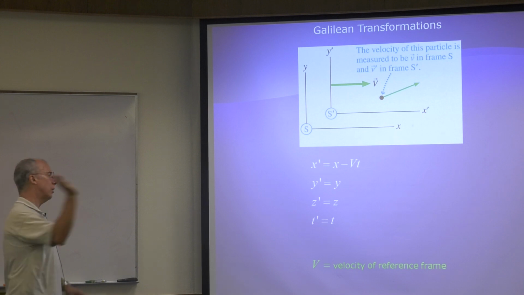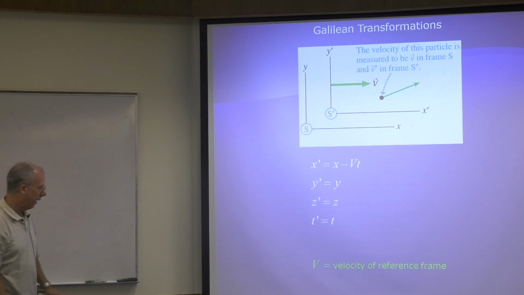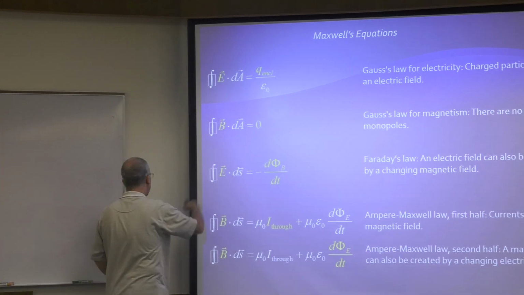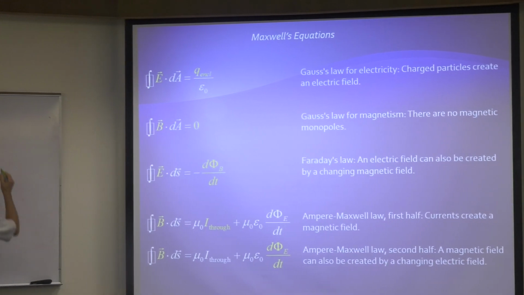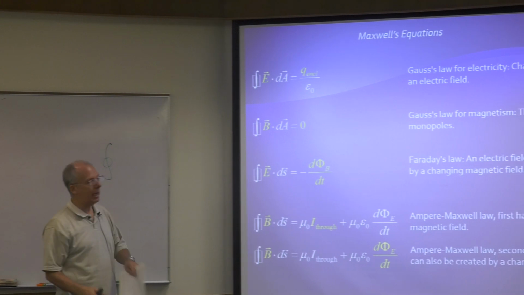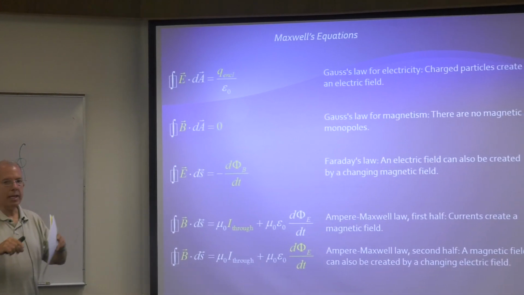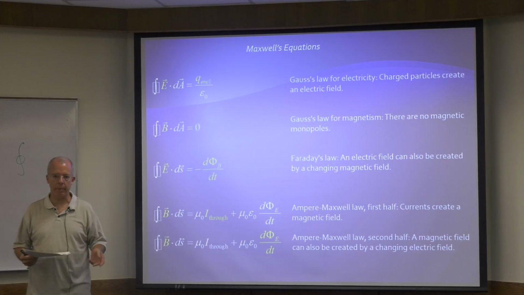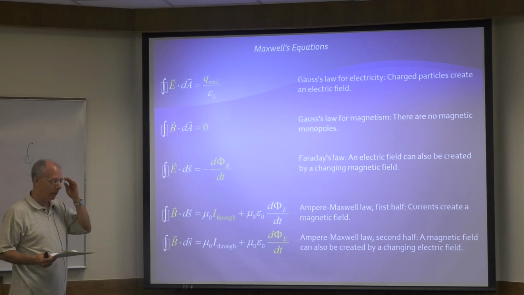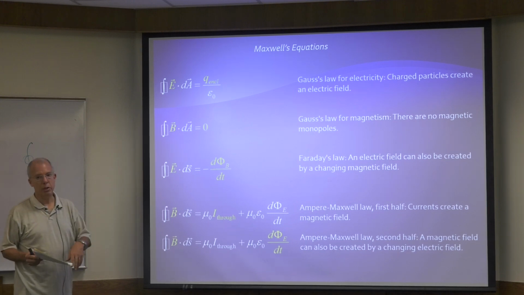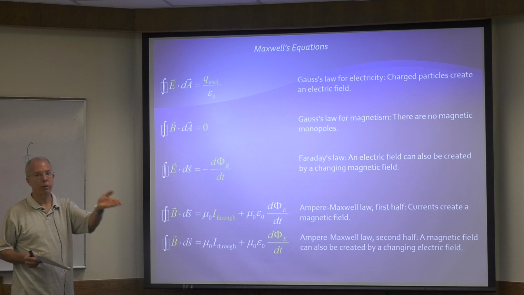Much, much later, in the 1860s, there was a guy named Maxwell, and he studied all of the experimental evidence and data dealing with electricity and magnetism, and he decided to write the mathematical theory. You always want a mathematical theory because you want to explain things and also predict new phenomena.